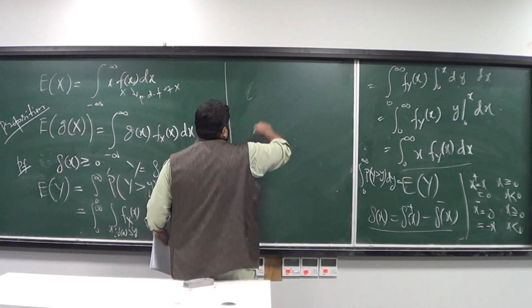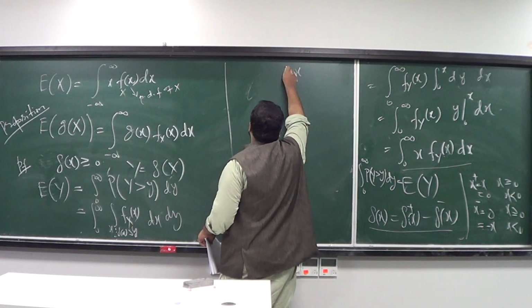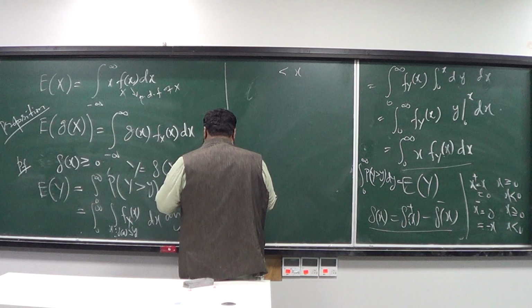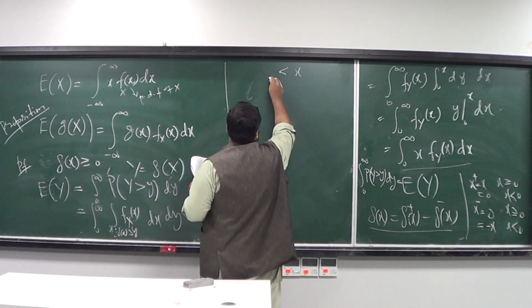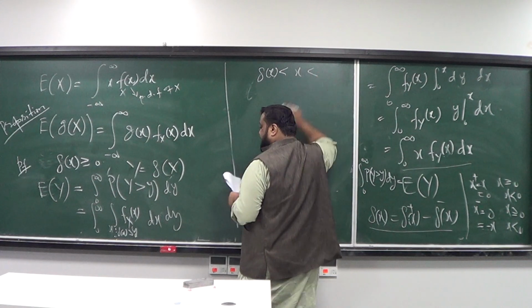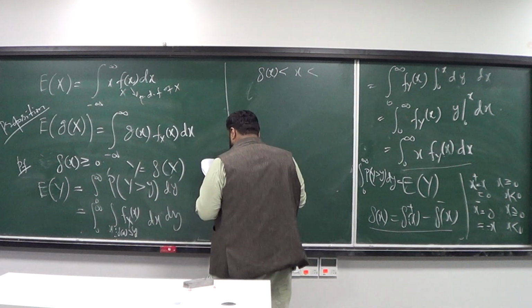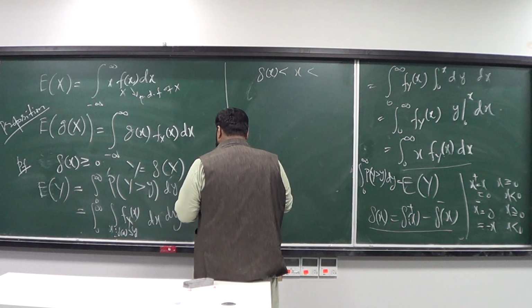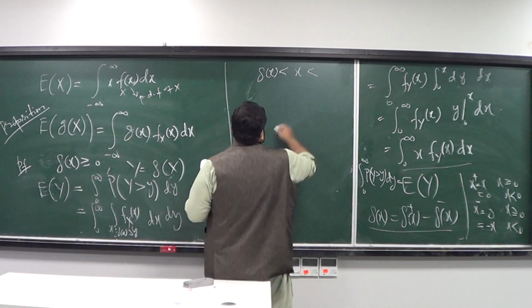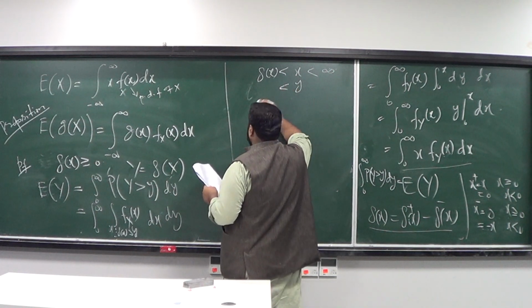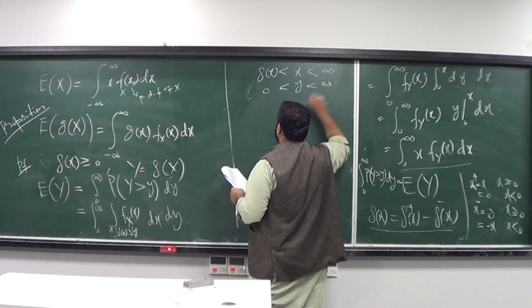In order to change the order of the limits, you need to see where x sits: x goes between g and positive infinity, while y goes from 0 to positive infinity.